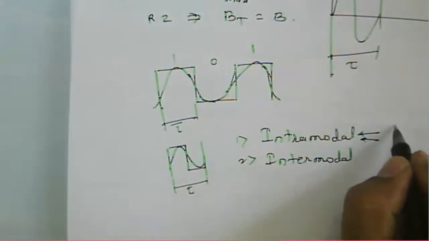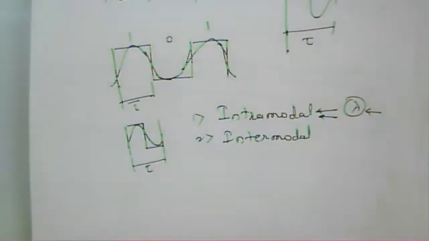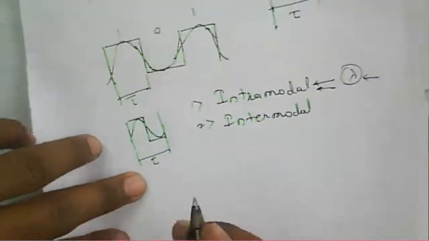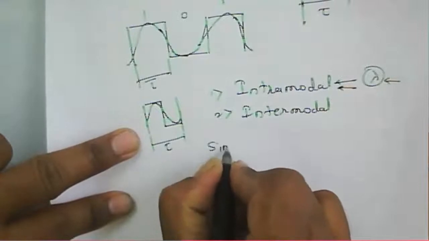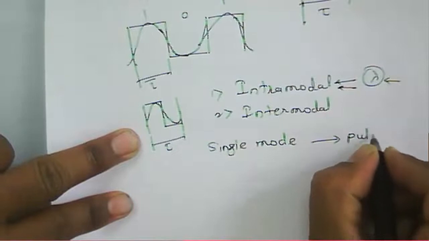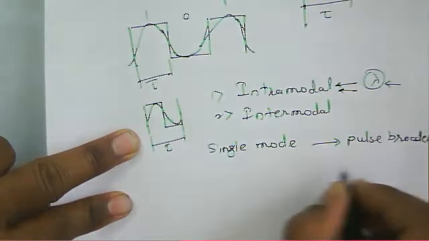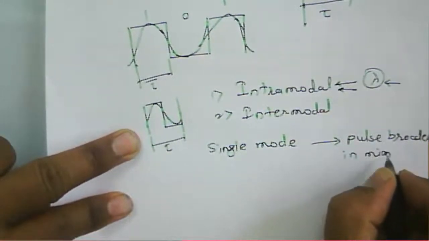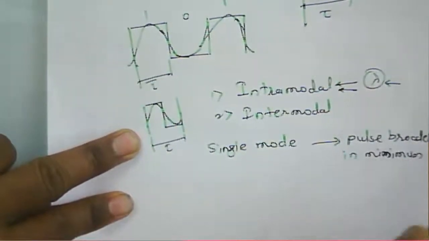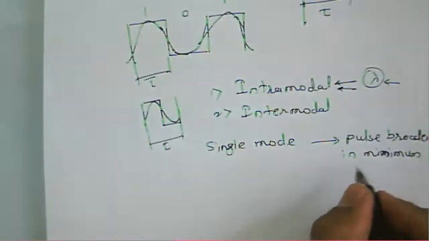But the dispersion depends on the wavelength, and again it depends on the pulse width. So if we use a single mode fiber, we say that the pulse broadening is minimum. If we use a single mode fiber, they have the minimum pulse broadening.